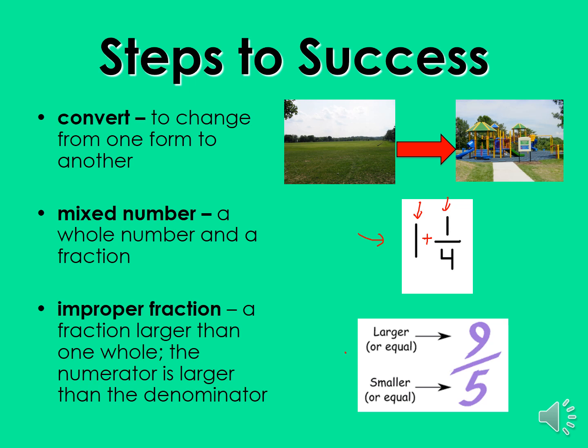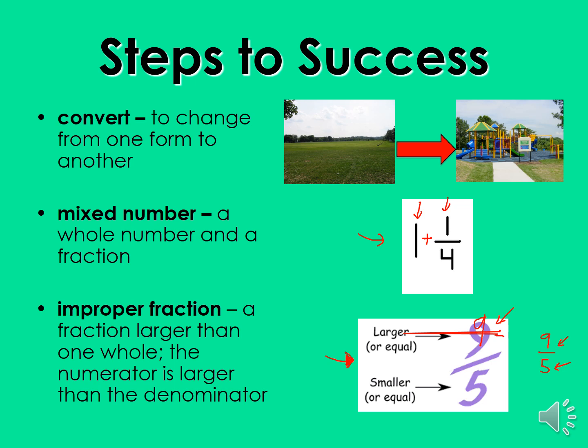So now an improper fraction, we've seen some of these actually in an earlier lesson. We didn't address it as an improper fraction, but it is one where the numerator of the fraction, so in this case 9, is bigger than the denominator. So this one's 9/5. Because 9 is bigger than 5, this is an improper fraction.